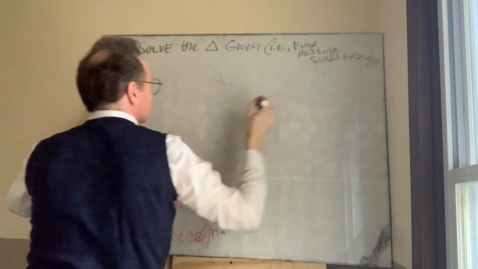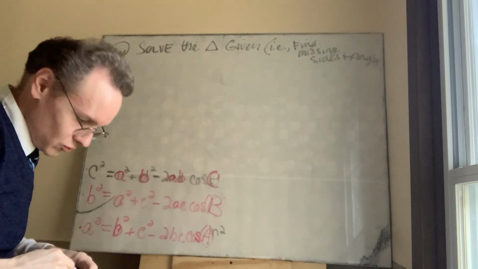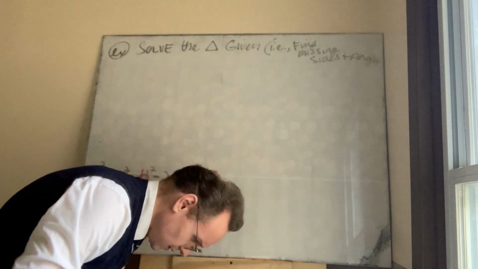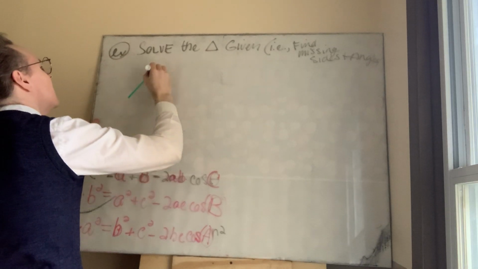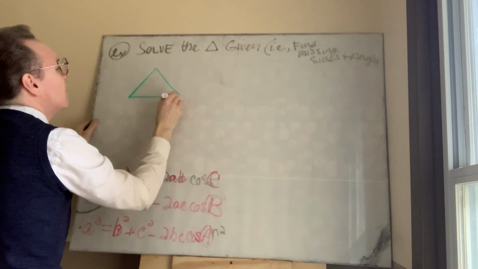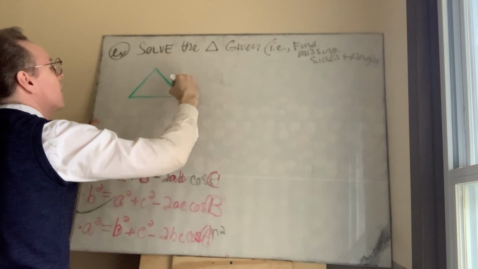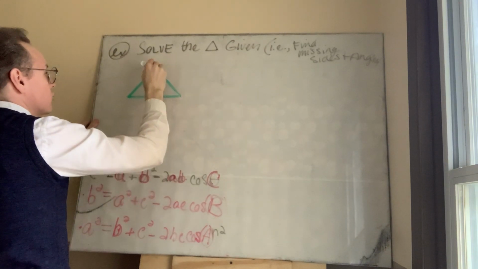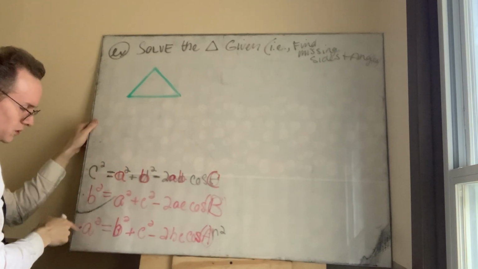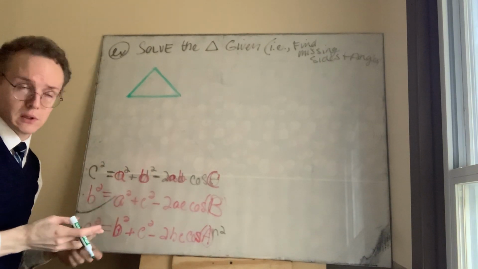Let's examine what would be given here. I'll draw a triangle again. Here is a generic looking triangle. We already have established formulas, and we might choose either this one or this one based upon what the labels are.